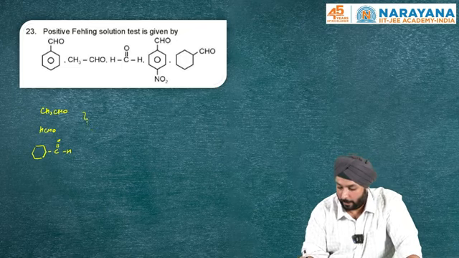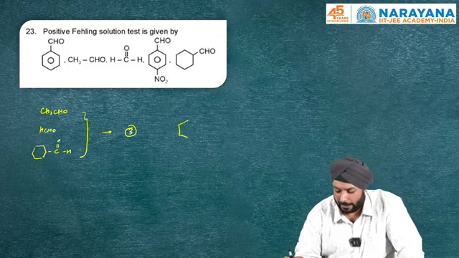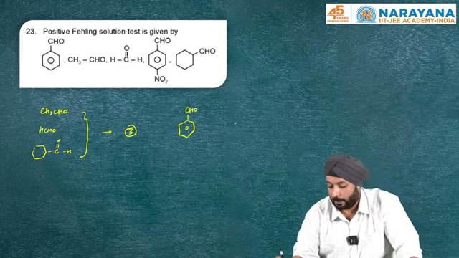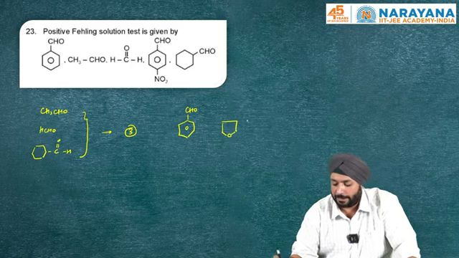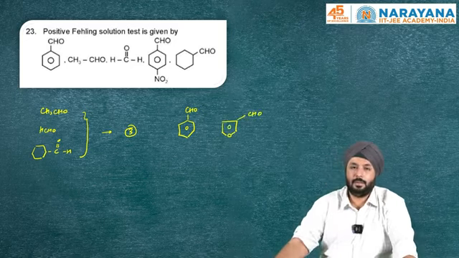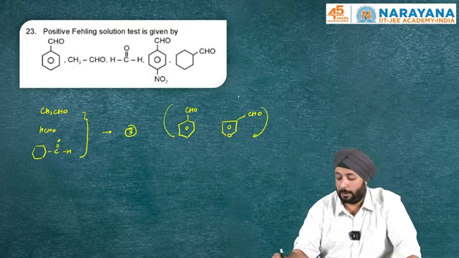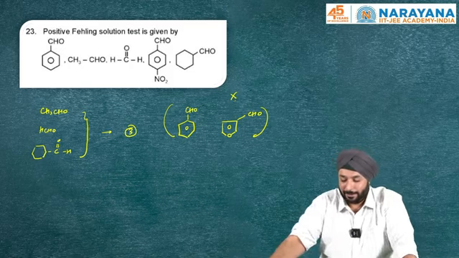So these are the molecules which will give Fehling test. Answer is supposed to be 3. And the aromatic aldehydes, in which the aldehyde is directly attached to the aryl group, whether it can be benzene or furan, will not perform this test. Getting it? So Fehling solution or maybe Benedict solution will not give this test, right?